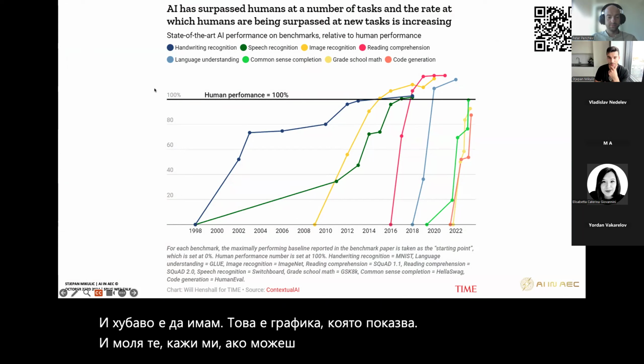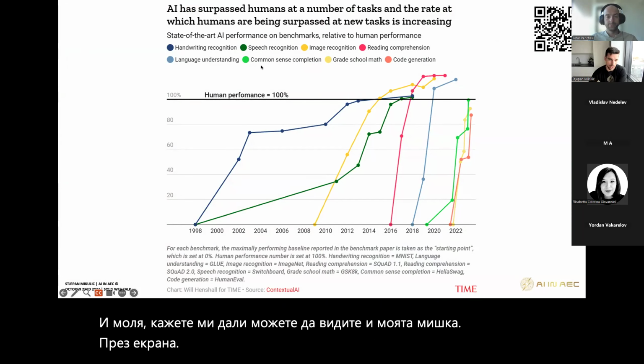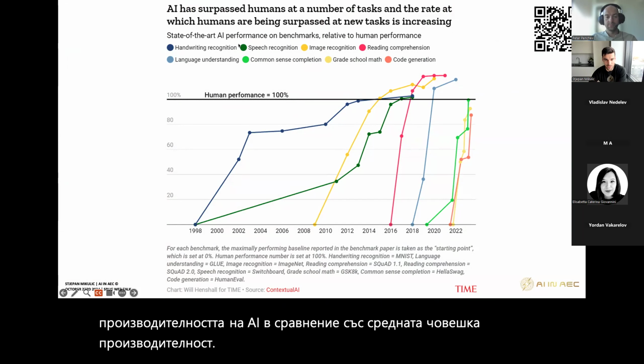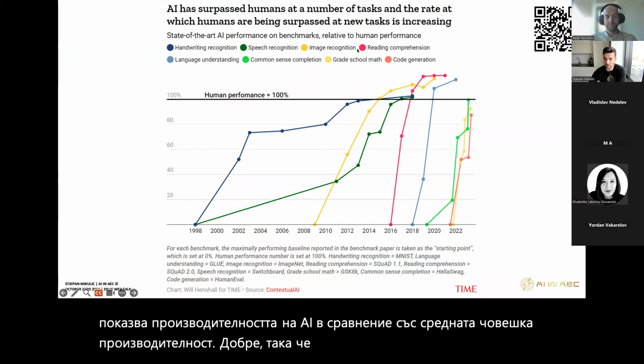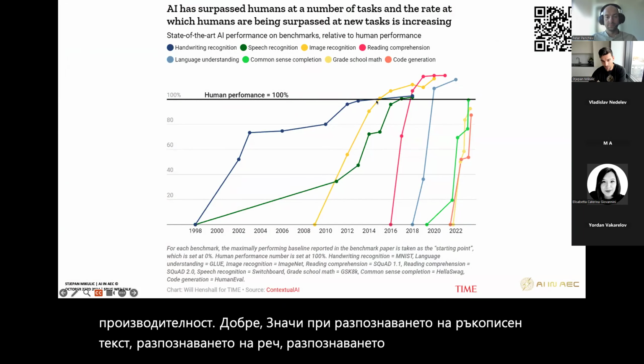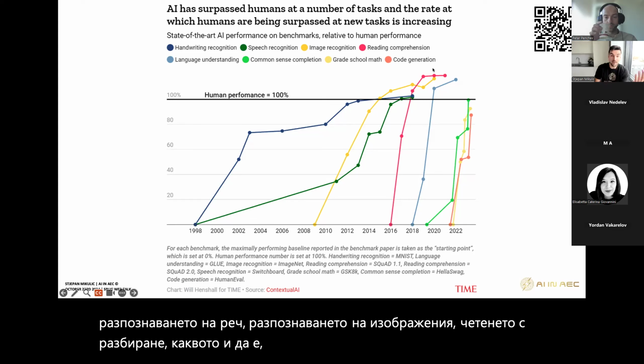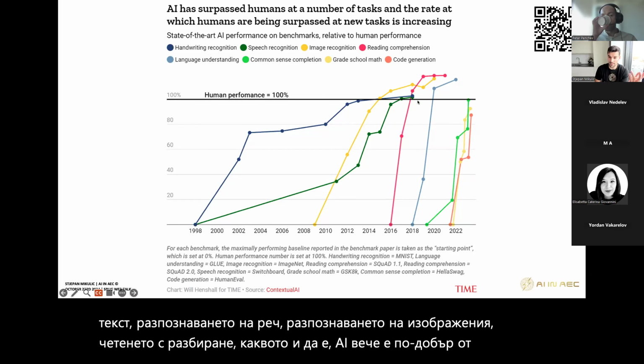So this is a graph that shows, and please tell me if you can see my mouse across the screen. Yeah, perfect. This is a graph that shows AI's performance compared to average human performance. In handwriting recognition, speech recognition, image recognition, reading comprehension, whatever it might be, AI is already better than an average human at many of these tasks.